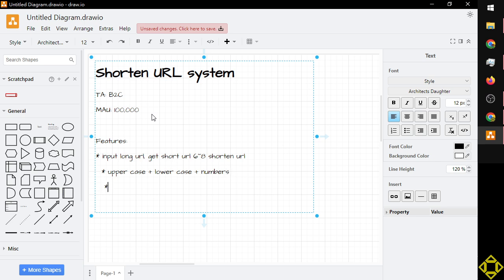So the combination will be maybe 26 plus 26 plus 10, so it will be 62 to the power of 6. It's our space.